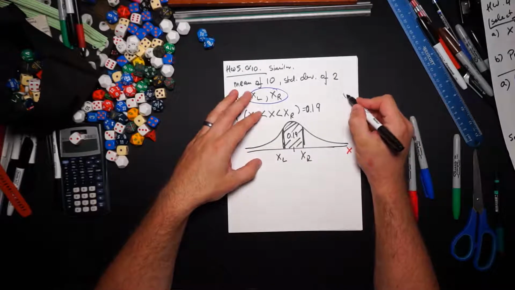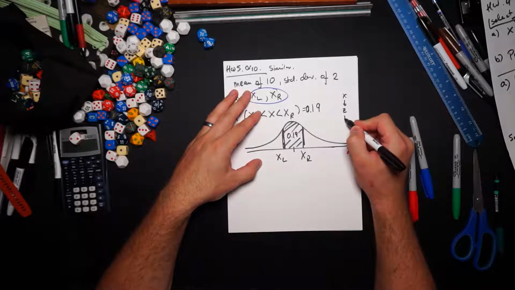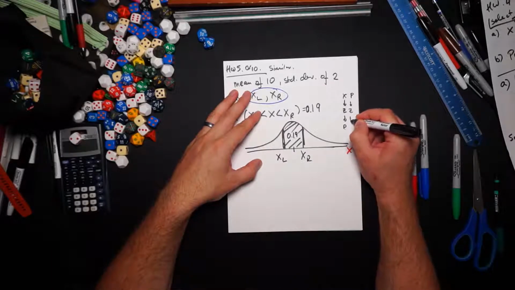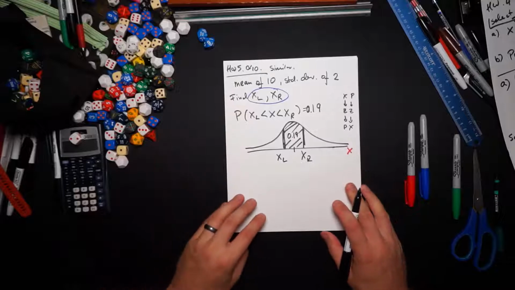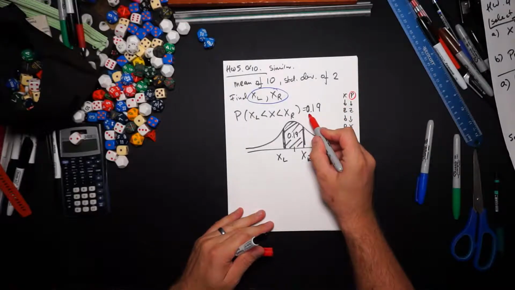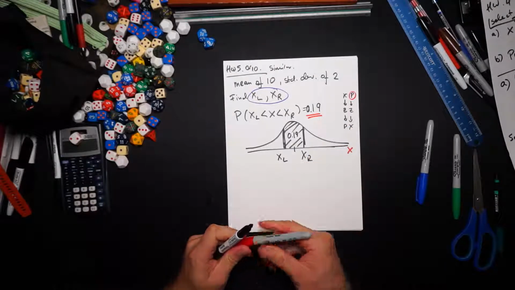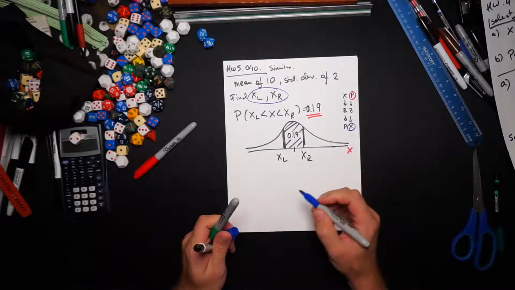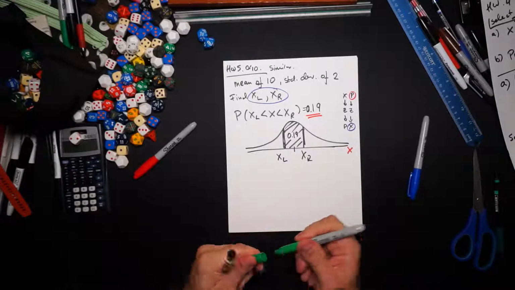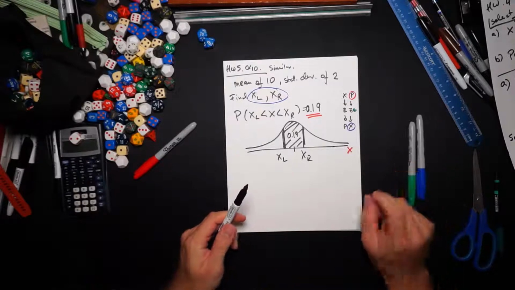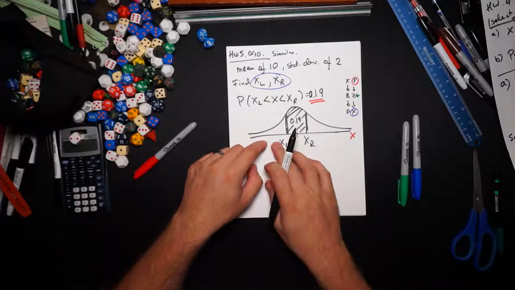Either we go x to z to probability, or we go probability to z to x, one way or the other. And right now we have probability right here, and we're going to try to find x, which means that we need our z, which means that this is not helping us.